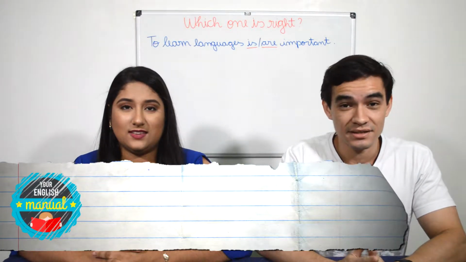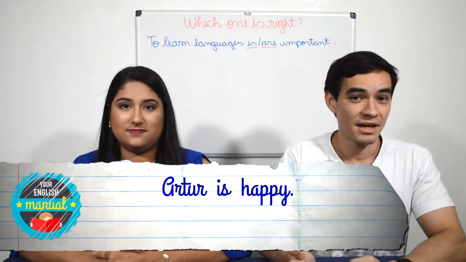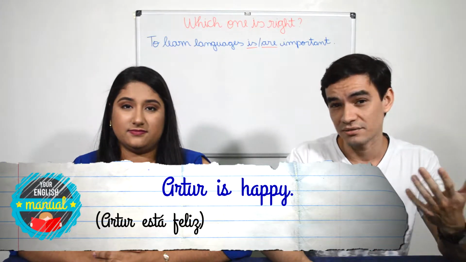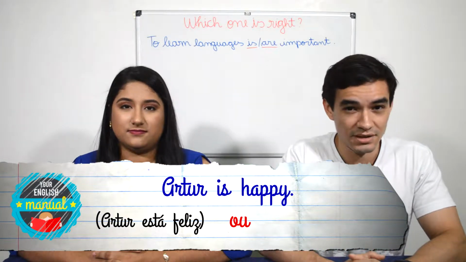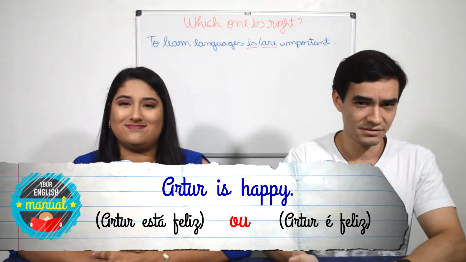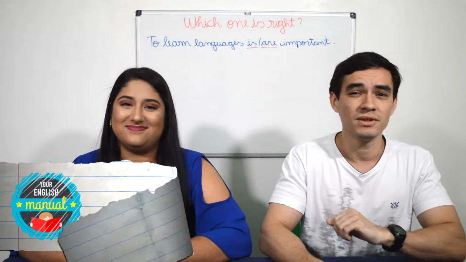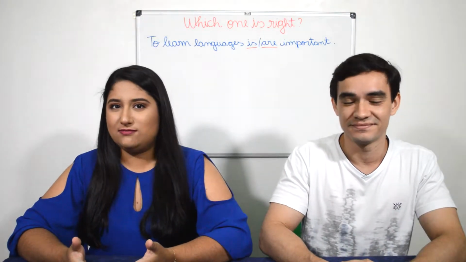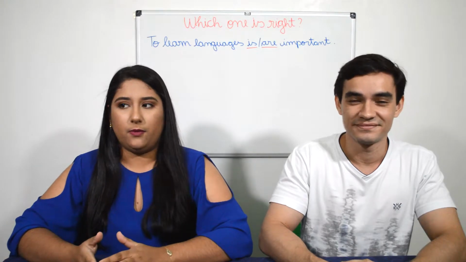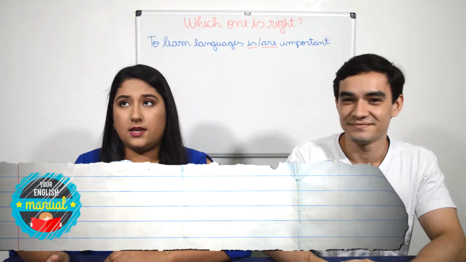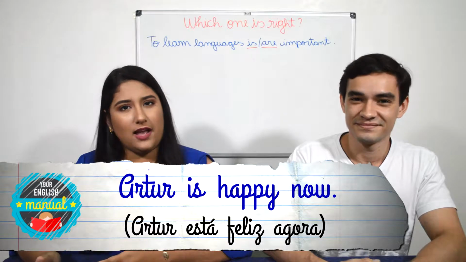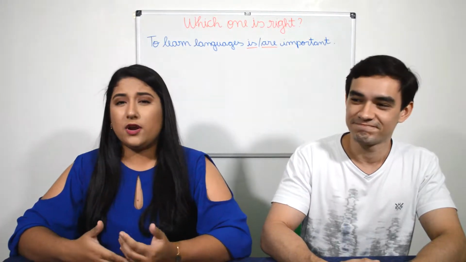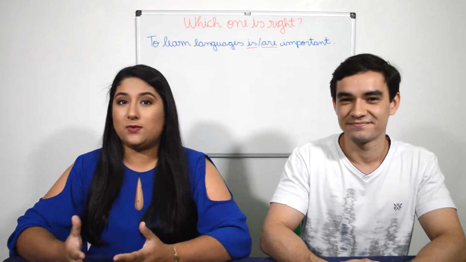In English, the sentence Arthur is happy may indicate a temporary state, Arthur está feliz, or a permanent state, Arthur é feliz. What now? How can we know which one of them we're talking about? Well, you can add more information to make it clear. For example, if it's something temporary, you can say Arthur is happy now. But if the sentence is only Arthur is happy, we are going to need more context to be able to tell.